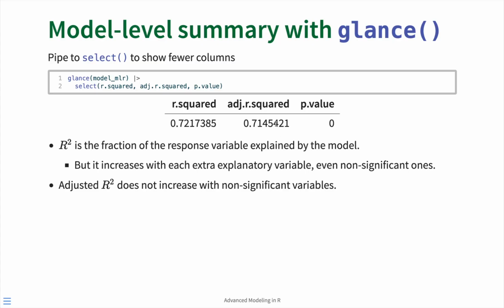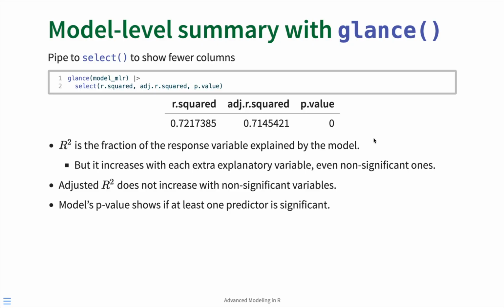And this makes it better for comparing across multiple linear regression models that might use different numbers of explanatory variables. The final thing we've reported here is another p-value, and this is for the model as a whole rather than any of the individual coefficients.